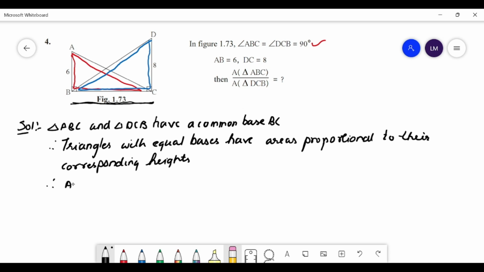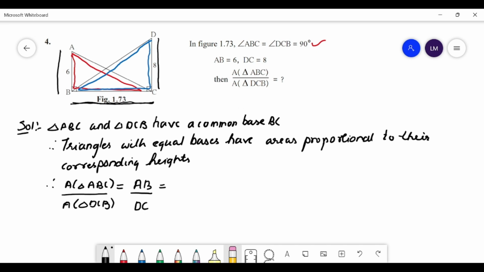Therefore, area of triangle ABC upon area of triangle DCB will be equal to, now ABC is having height as AB, right? So we can write height as AB, and area of triangle DCB is having height as DC. So we can write here as DC. But we also need to substitute their values.